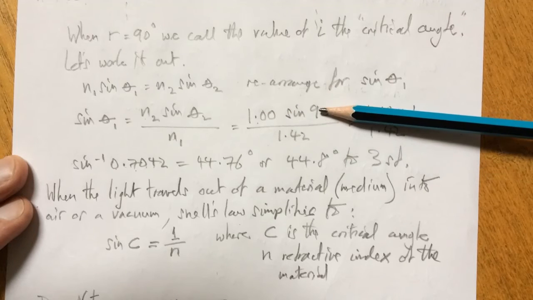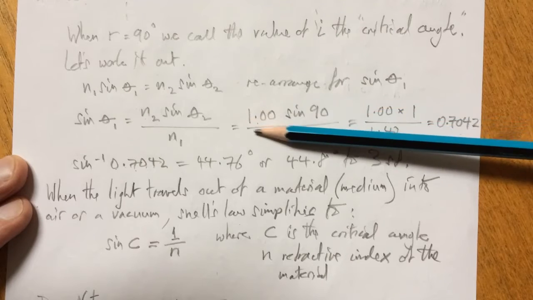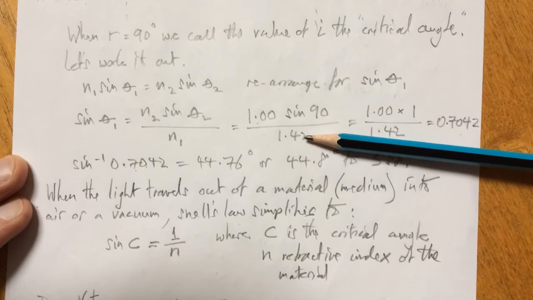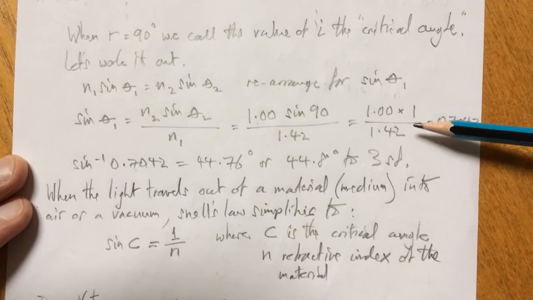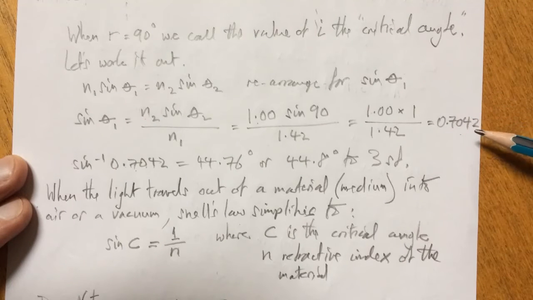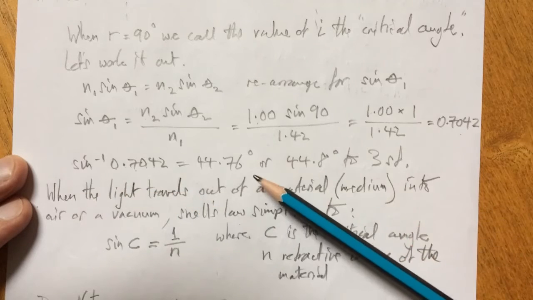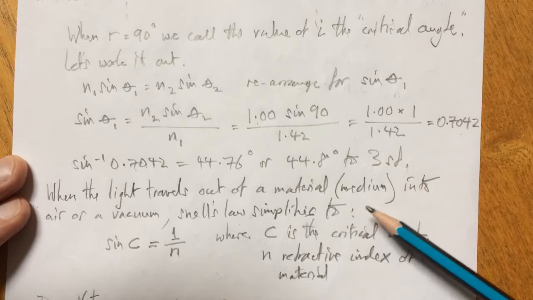Sine 90, which you'll know is equal to 1. So all of this top part of the fraction, the numerator, becomes 1 divided by 1.42, and 1 up there. Okay, which gives us 0.7042. Inverse sine of that gives us 44.8 degrees to 3 sig figs.